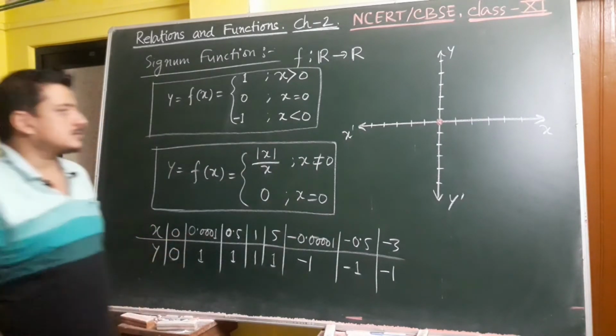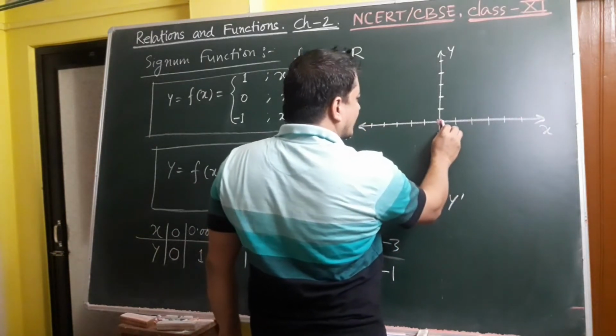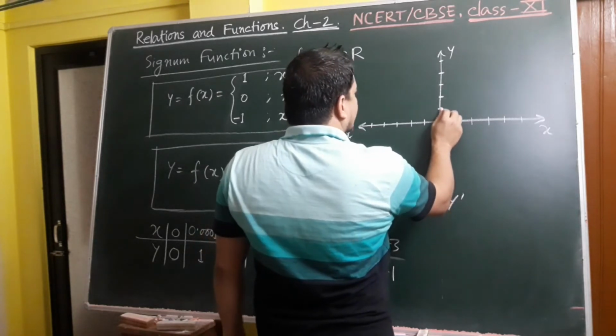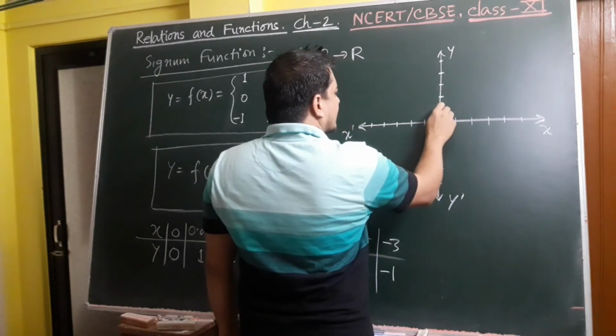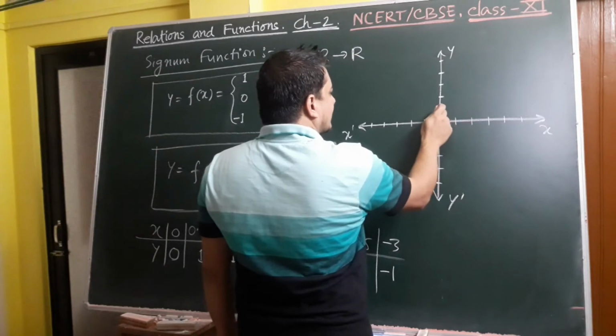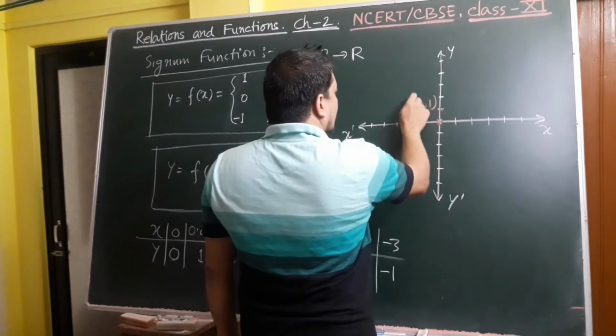Okay, so if I now locate these points, 0.00001 and 1, that means you move slightly towards the right, and its value is plus 1. So plus 1 is here. The point right on the y-axis, its location is 0, 1. Please understand this.